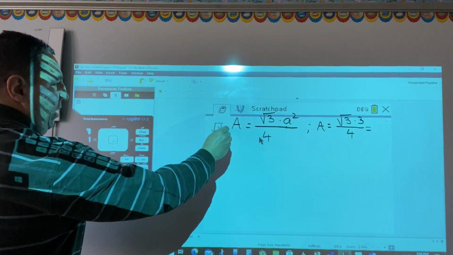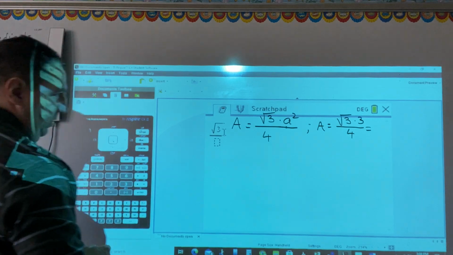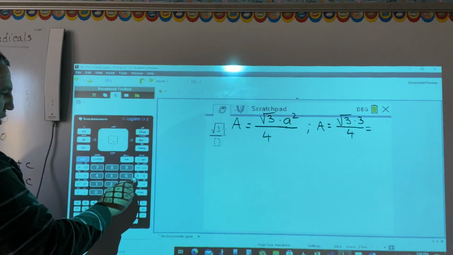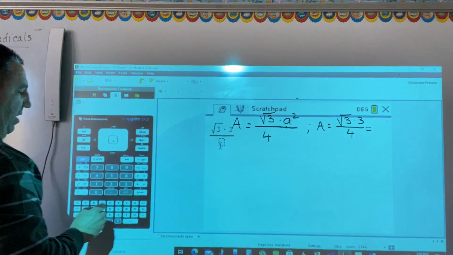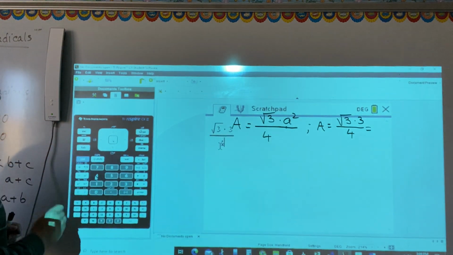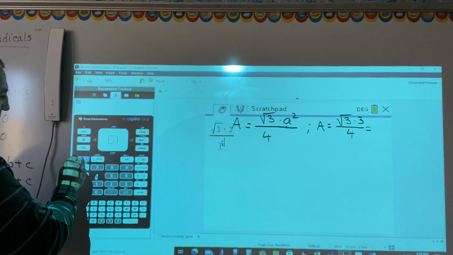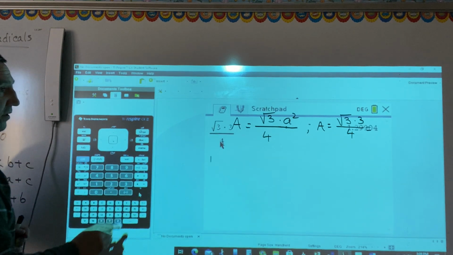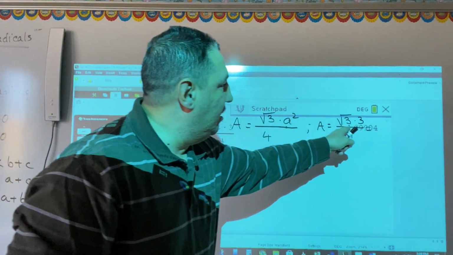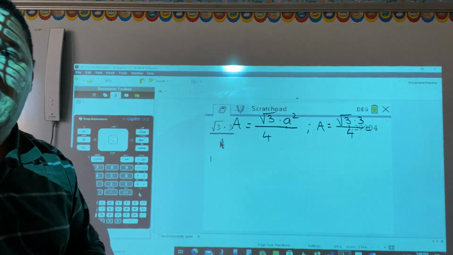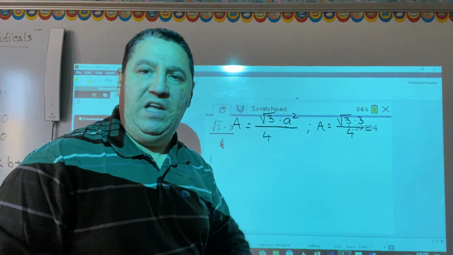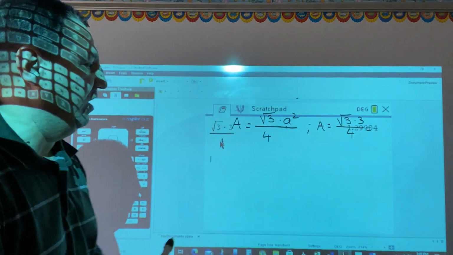Then we go outside the radical. We multiply by 3. And then in the bottom we divide by 4. And then we simply press Control and Enter. So we got 1.299. That can be approximated or rounded to 1.3.